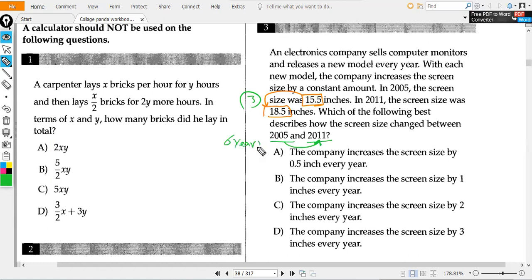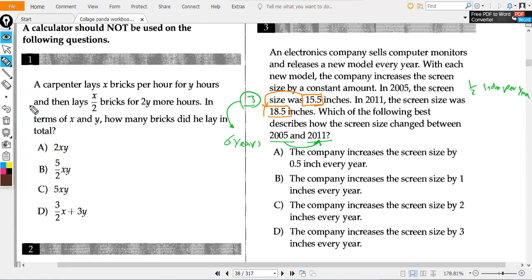So we can say that the change is 3 inches during 6 years. So each year, half an inch, good, half an inch per year. Very good.